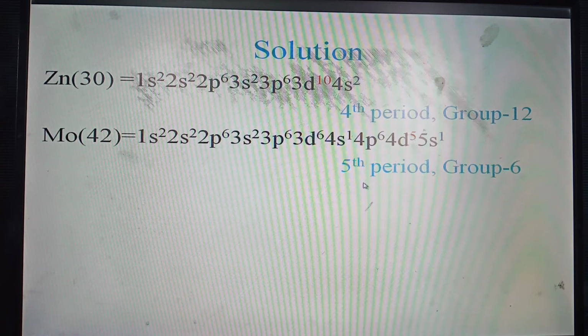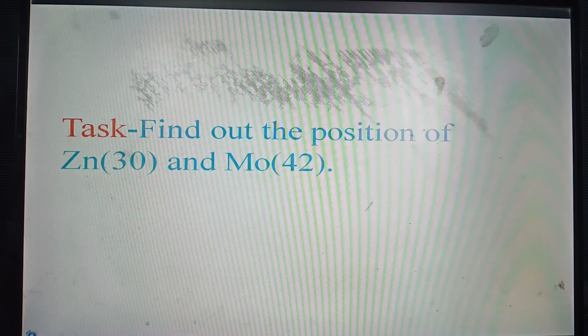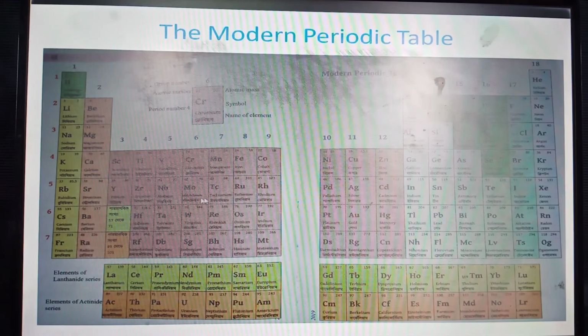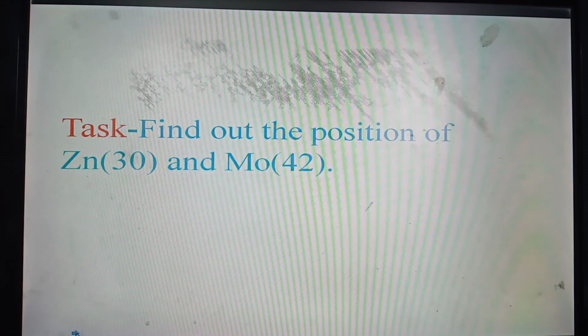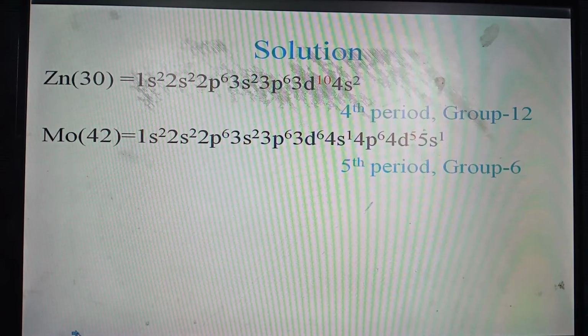It is placed in the 5th period, group 6. Let us justify the position of molybdenum. It is in the 5th period, group 6. So by writing the electronic configuration perfectly, you can find out the position of d block elements in this way.